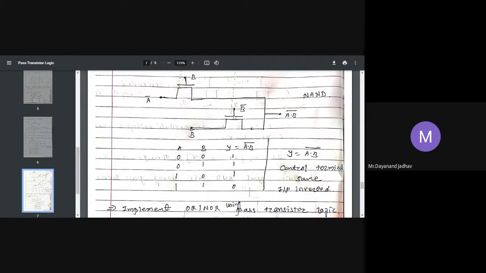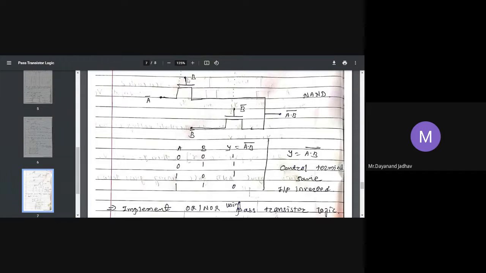When we consider B bar, this is in the on condition. When 0 0, its bar means 1 1, and 1 passes here, therefore the output of this first case is equal to 1.